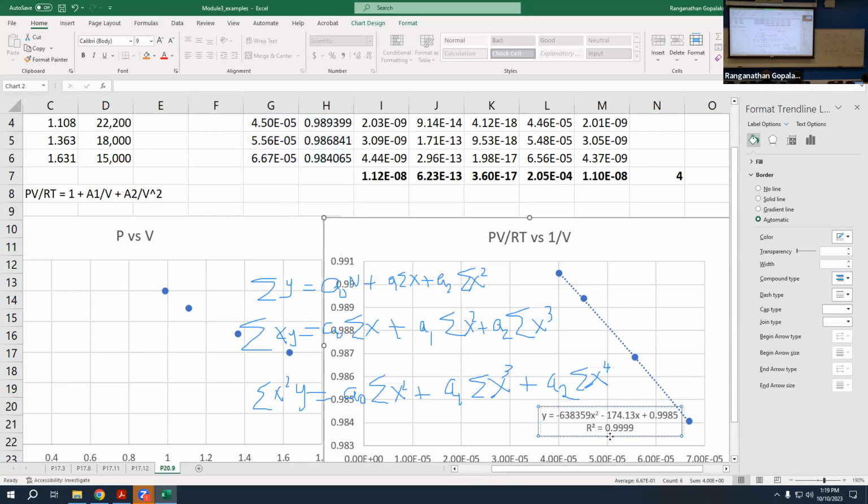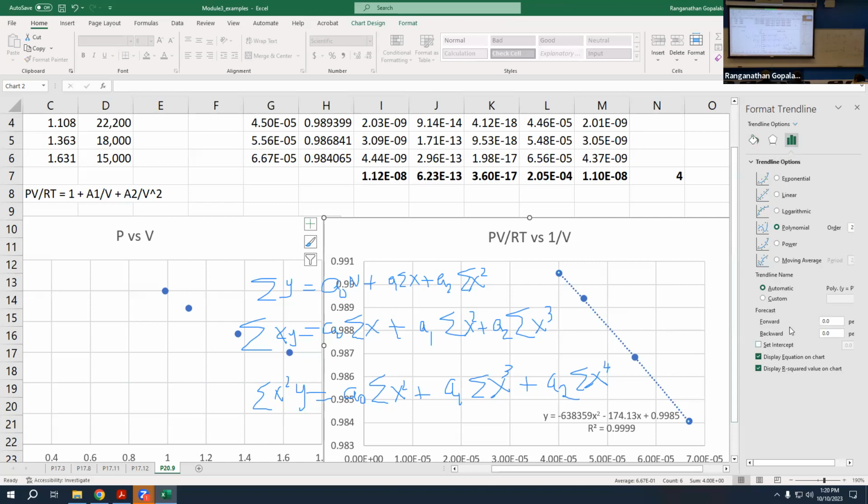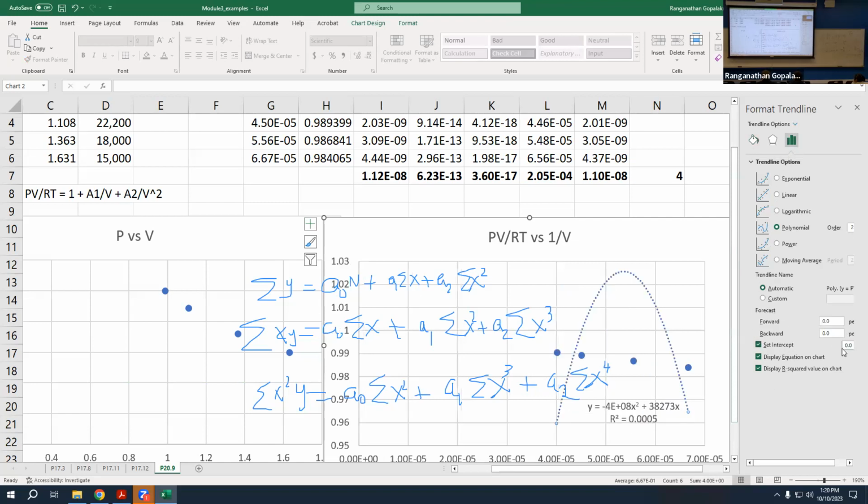See, here is the problem right here. If you use a naught instead of 1, you are getting actually 3 variables that need to be solved. If you use only 1, that is, if you already specify the fit equation to have a 1, you can go here, and when you say fit, you set the intercept to be equal to 1.